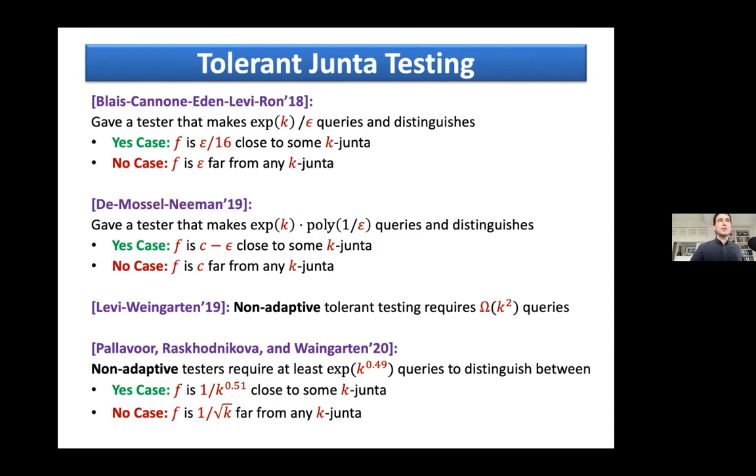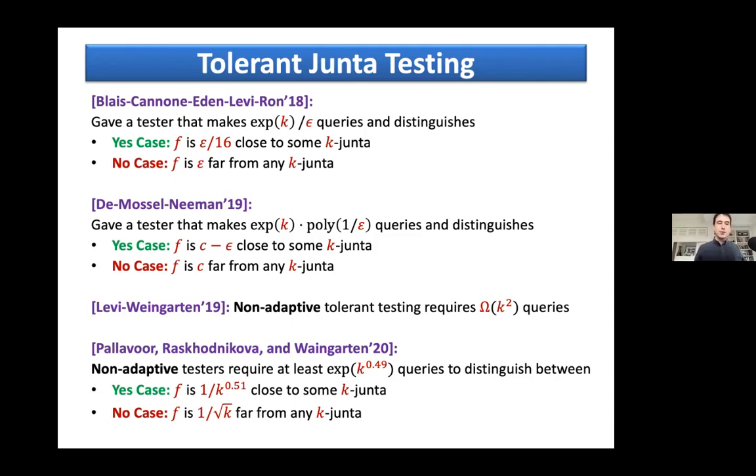So this is a brief summary of some results known about this setting. Notice that in these settings, the upper bounds are only exponential in k, whereas in the previous setting, it was nearly linear. Let's just mention that this setting is maybe more motivated from practice because, for example, think about the feature selection task.